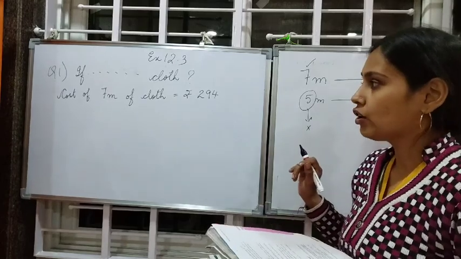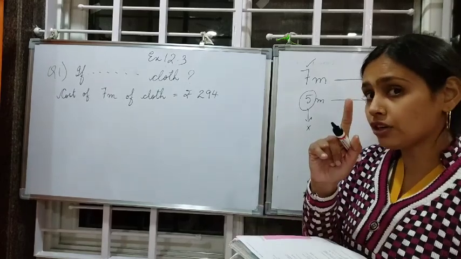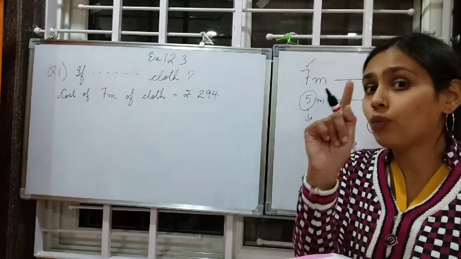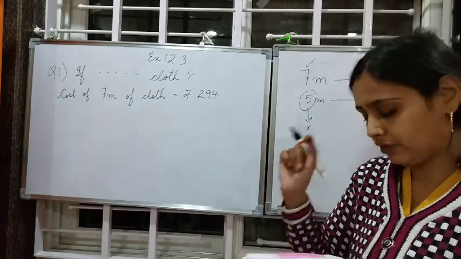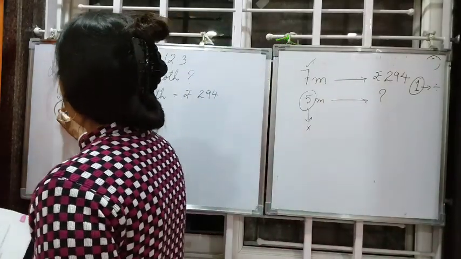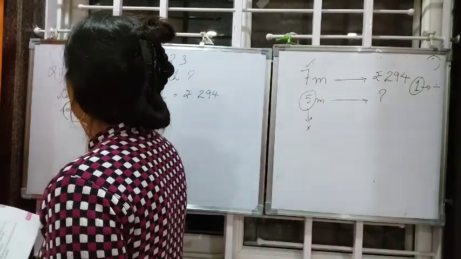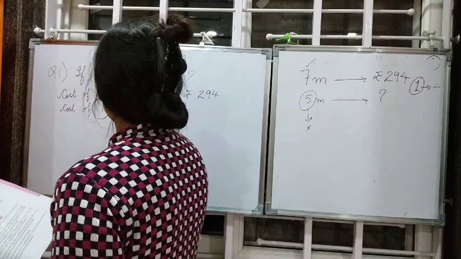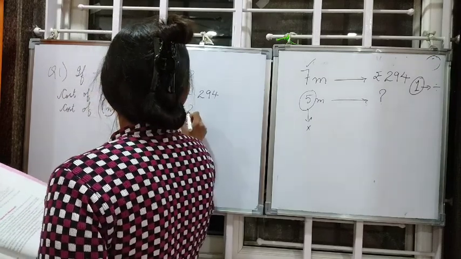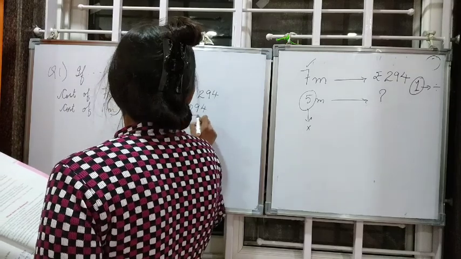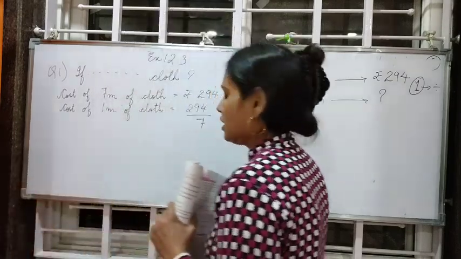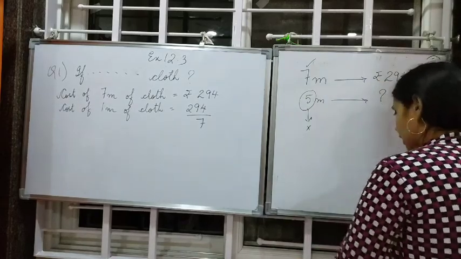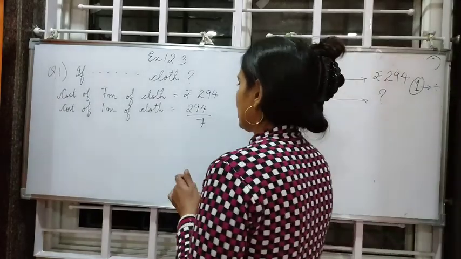Now we will find for 1 first, as the name unitary suggests. So now we will write: cost of 1 meter of cloth is equal to 294 divided by 7, and we divide 294 and 7.